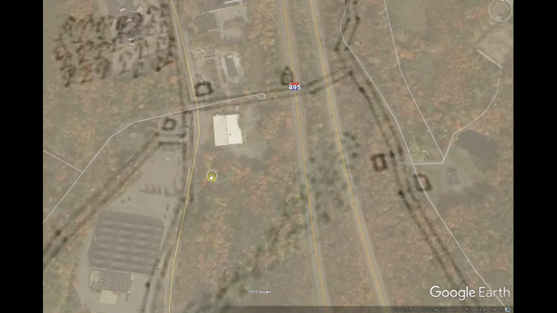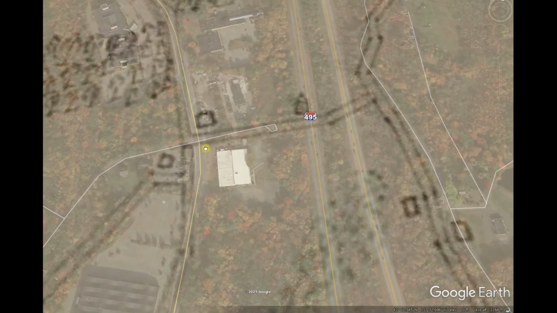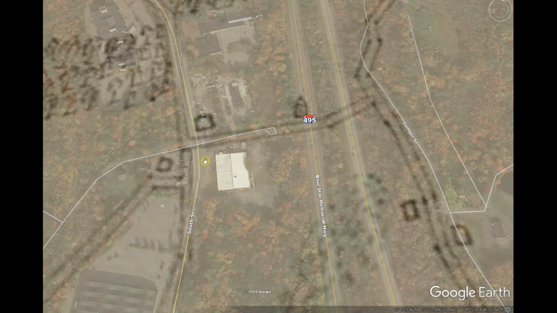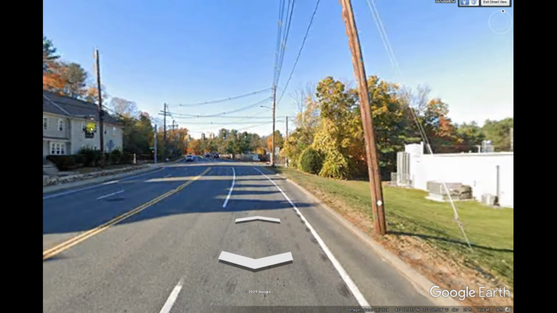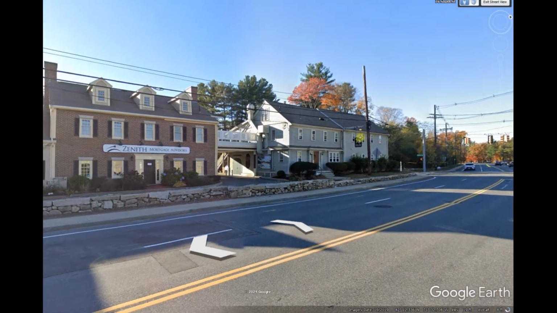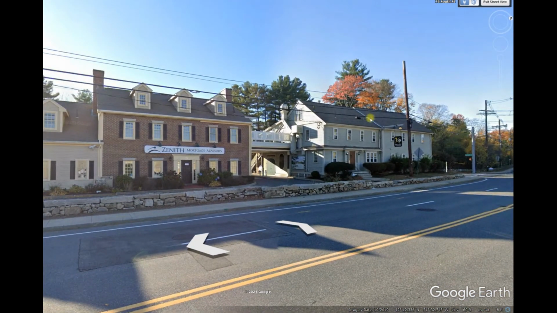So the entrance to this place, where it once used to meet up on South Street, we can take a look at what that looks like today. We'll hop into Street View here and try to get into that area. So on the map, it shows a building here. This does look like it's quite an old building.